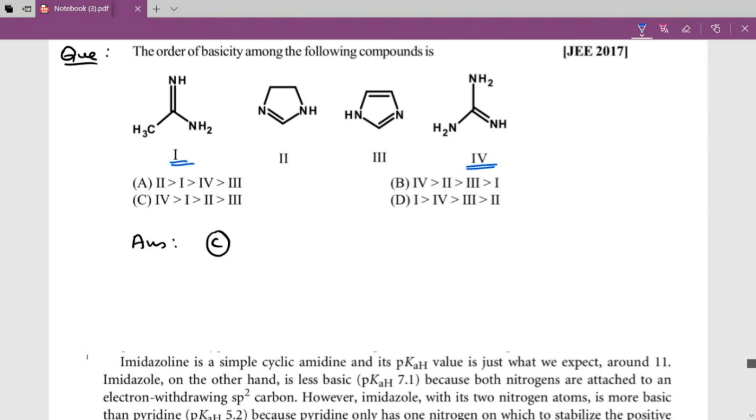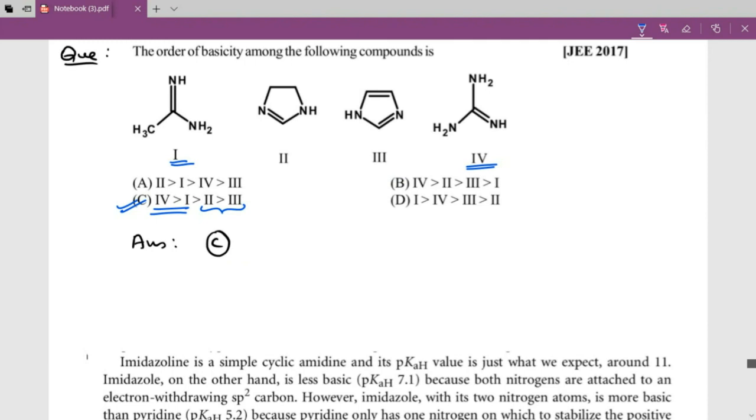If you know just this much, you could have ticked option C, that if 4 is strongest and then it should be 1. Because the maximum number of students had trouble in second and third only, not in 4 and 1. So by doing this only, you can analyze and you can get the answer.